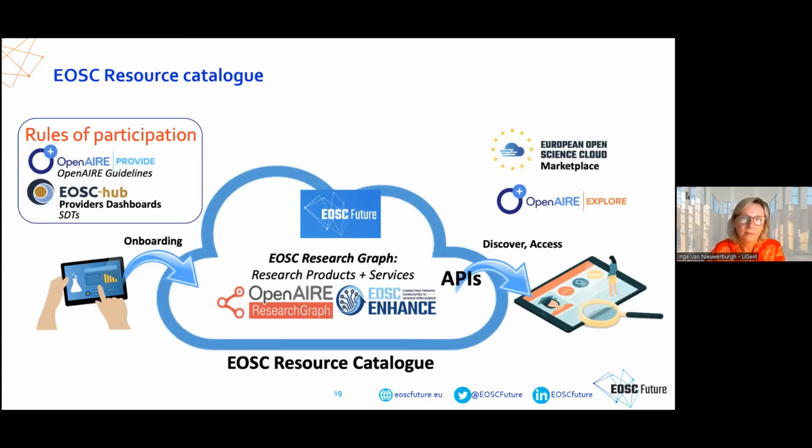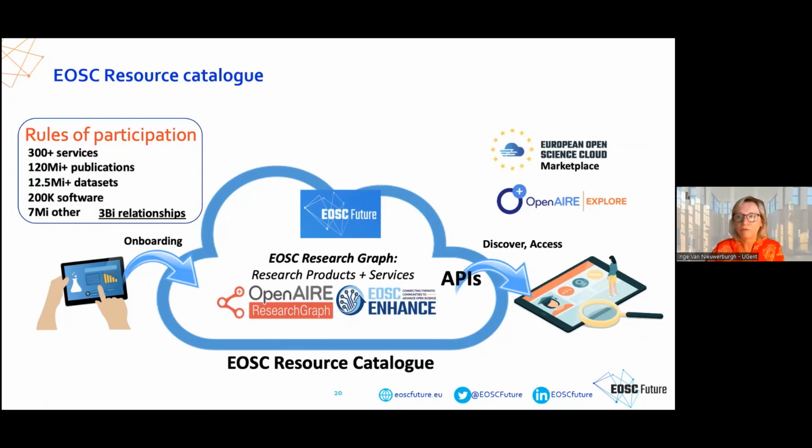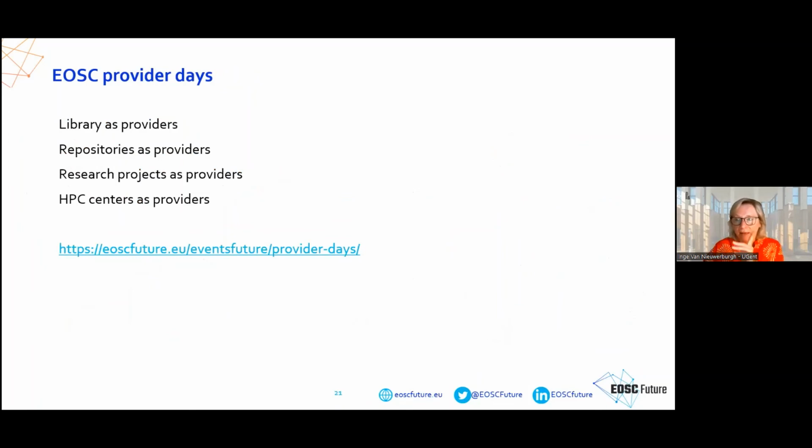And this is mainly for communication and dissemination purposes, of course. There are rules of participation being developed, and you see that quite a lot are already connected here, which you can see in the EOSC resource catalog. I added this slide quickly while Sally was talking about it, to hear more about how to become an EOSC provider.